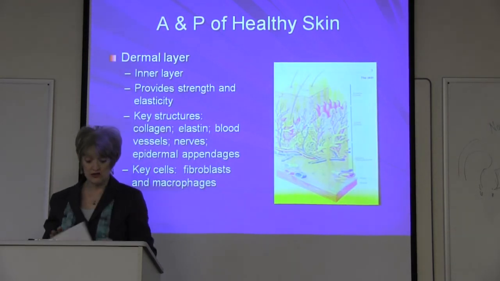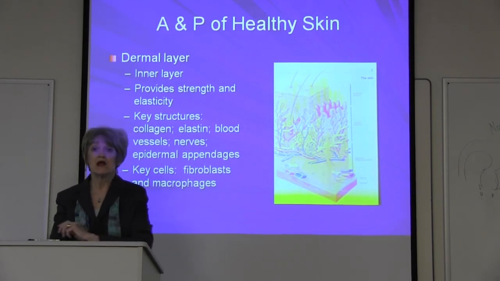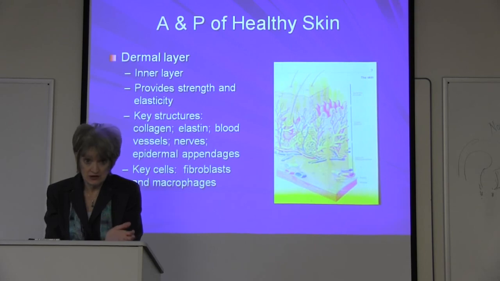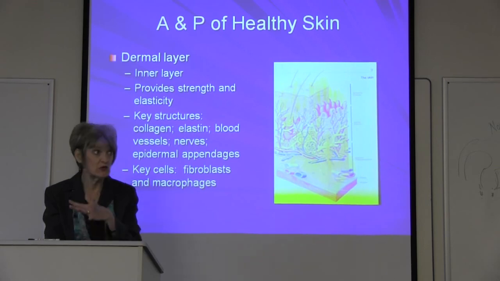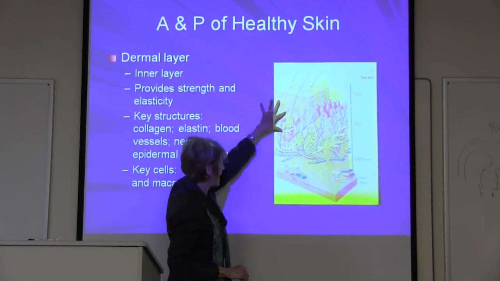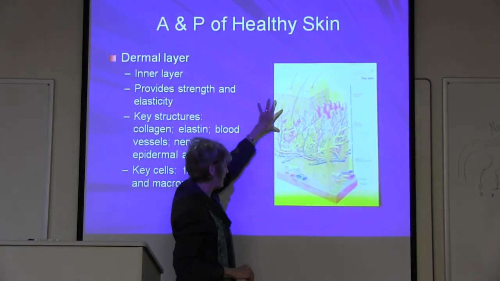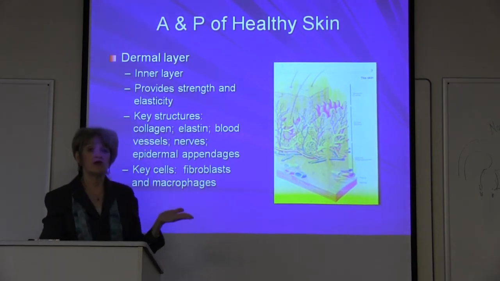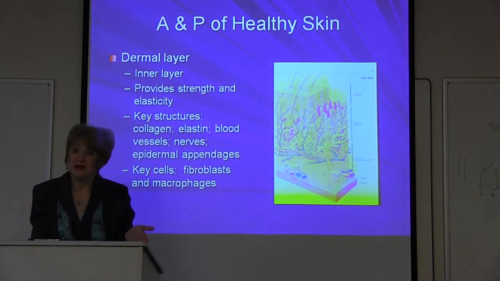Now, what are the key structures in the dermis? When you read anatomy and physiology of the skin, they'll always talk about the papillary dermis and the reticular dermis as if they're two distinct layers, but they're really not. The papillary dermis is the section of the dermis that has this rich network of capillary loops, also known as the dermal papillae.